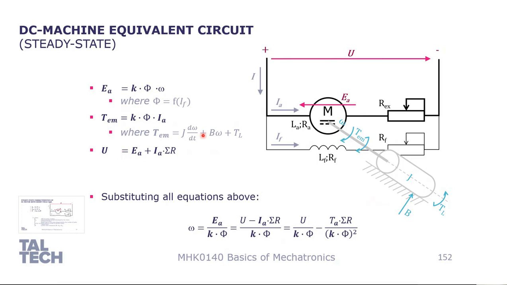It is more complex when we start to change the angular velocity. If we would like to, for example, start our machine, because when we are starting an electrical motor, the starting speed is 0, and by starting the machine, by applying the voltage, we are getting higher electromotive force.